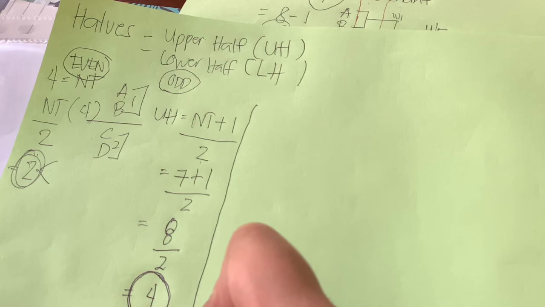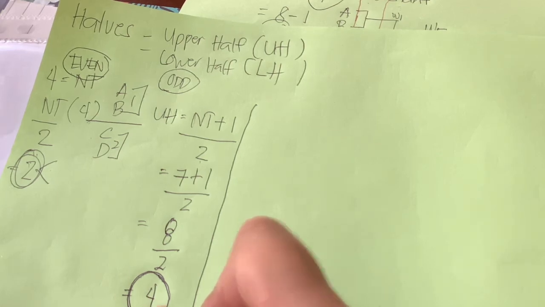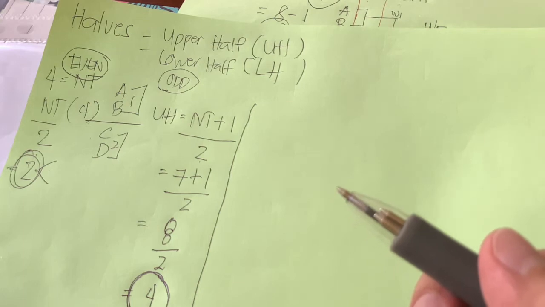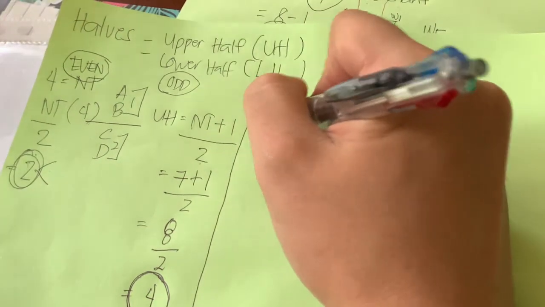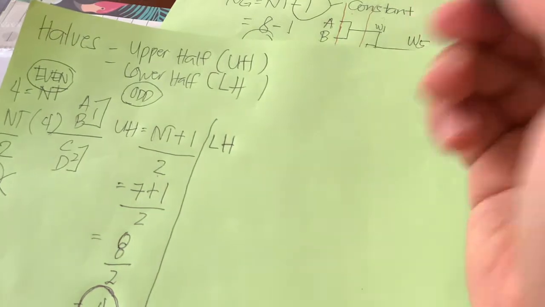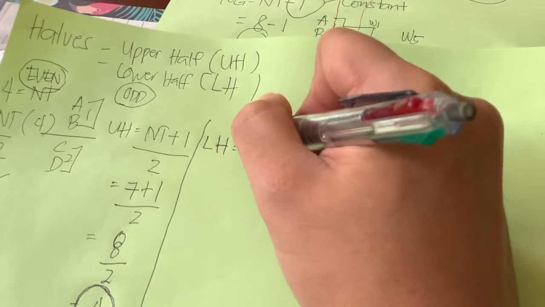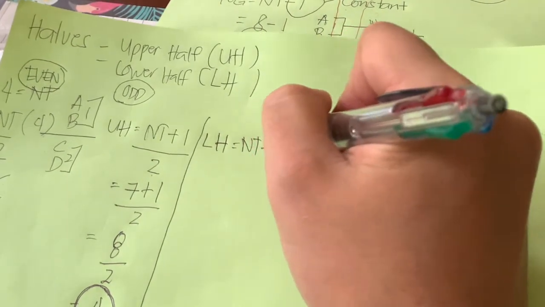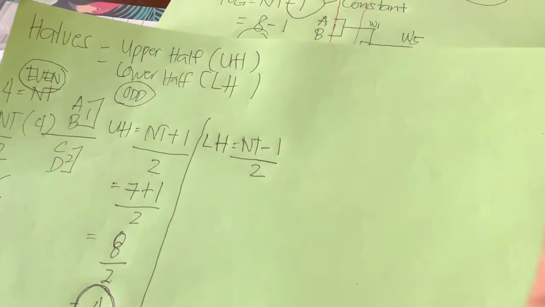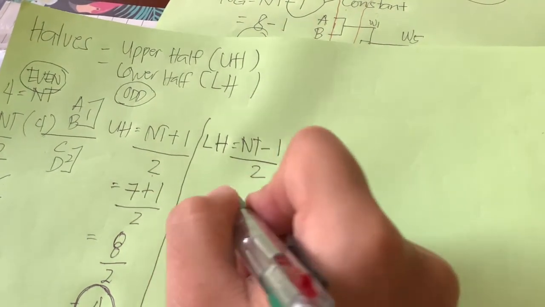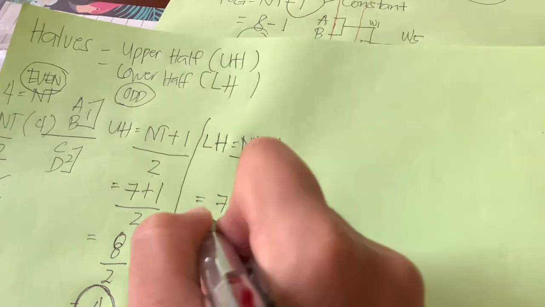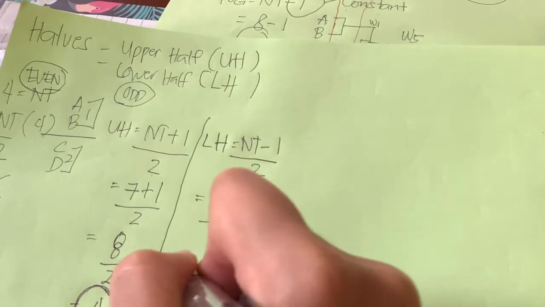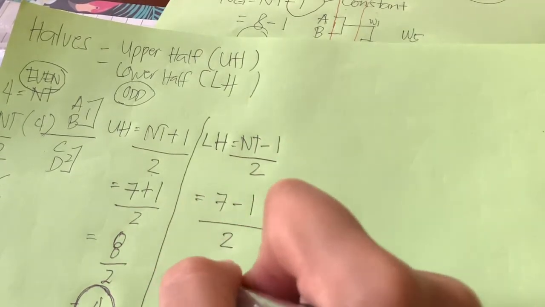If it is 4, it is expected that the 3 teams would be placed on the lower portion of the half. We'll find out. If it is the lower team, we have to follow this formula. Number of teams minus 1 over 2, or divided by 2. Again, 7 minus 1 by 2. This is 6 over 2.